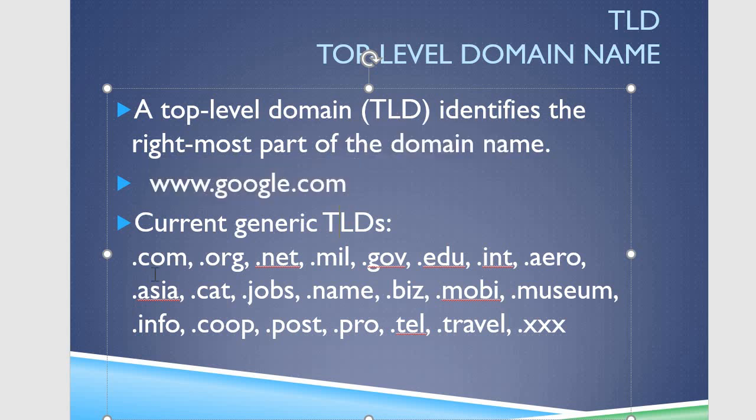You can see so many domains are written here: .com, .org, .net, .mil, .gov, .edu, .int, .aero, .asia. Like this, so many are there. .sa, .ae, .om, .bh.